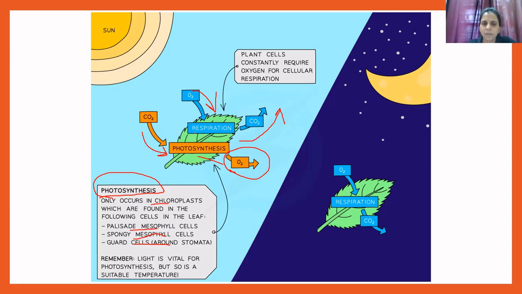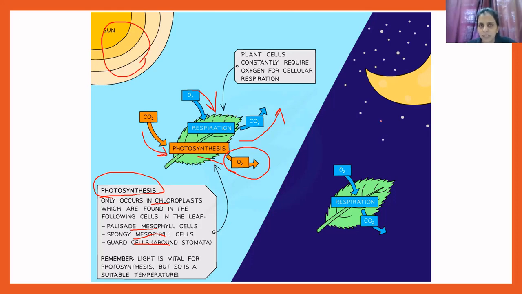During daytime, because of bright sunlight, the rate of photosynthesis is always higher than the rate of respiration. Hence, there is more intake of carbon dioxide gas compared to the carbon dioxide released outside in respiration.